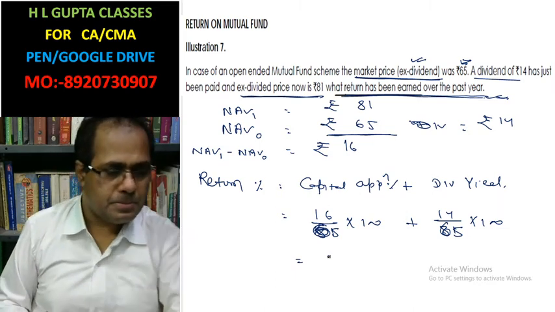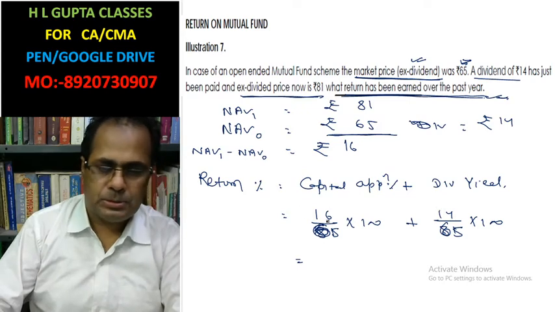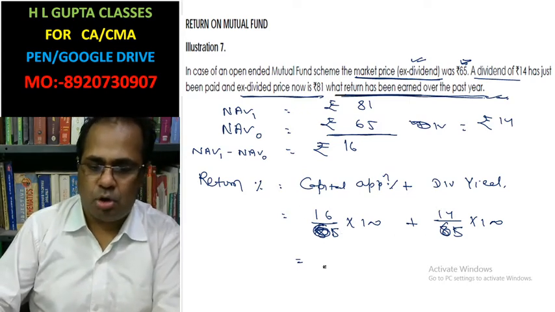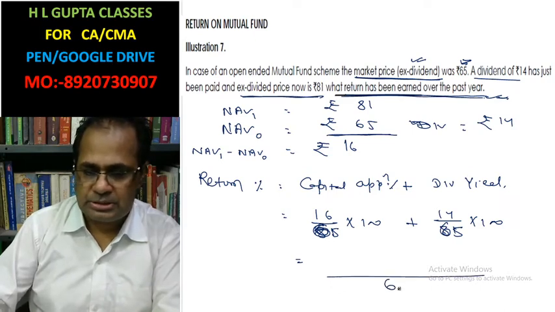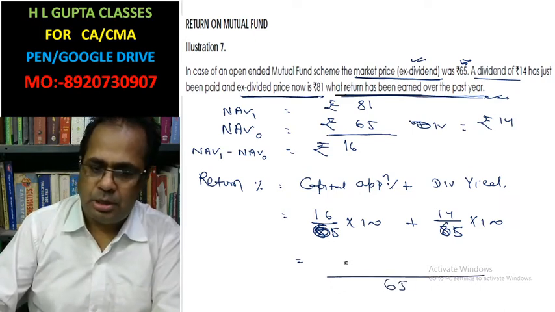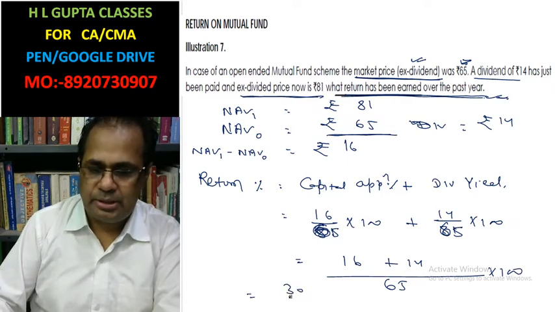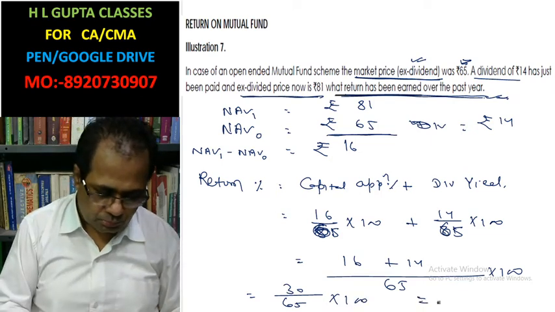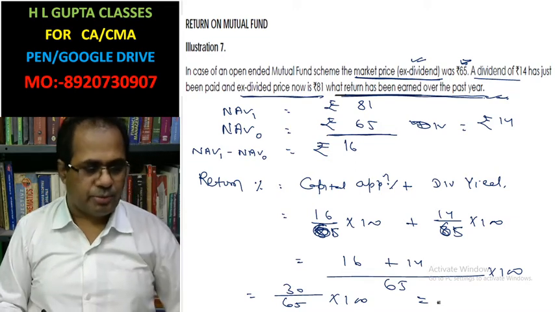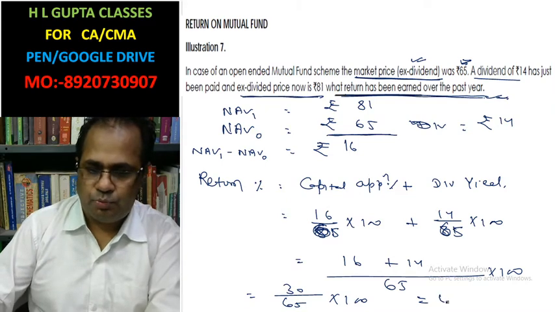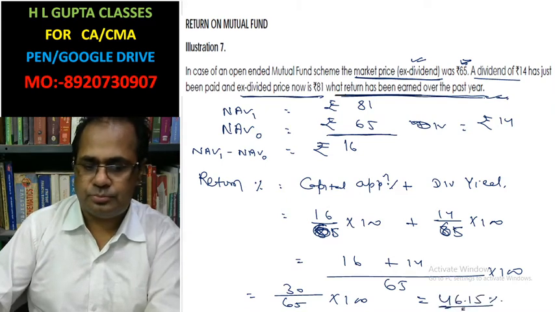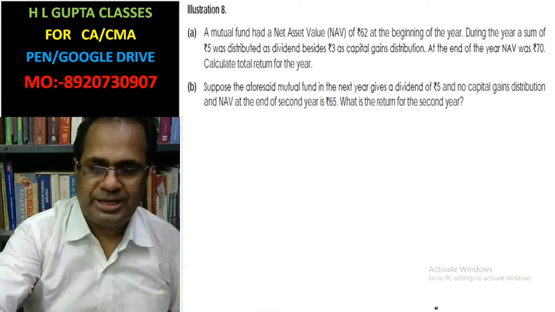This is one way of calculation, or you can take 65 as common, and this becomes 16 plus 14, that is 30, divided by 65 into 100, which is 46.153%.